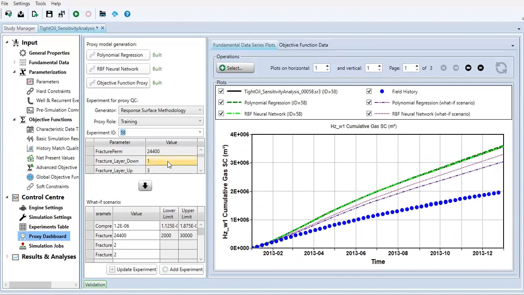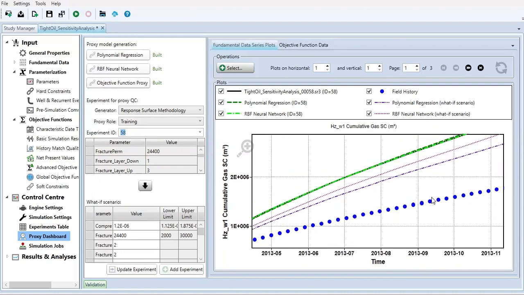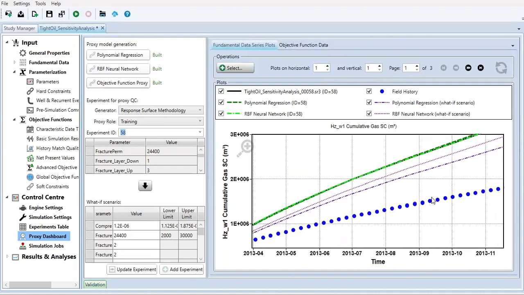You can check one by one to know which parameter will give you the closest prediction to the field history. But actually that's a subject for history matching. But doing this CMOS analysis, it's not necessarily about history matching. Okay, it's actually about sensitivity analysis.